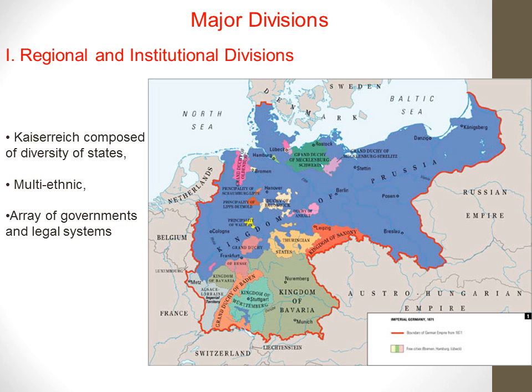Germany was divided as a country. The Kaiserreich was composed of a diversity of states. It was multi-ethnic. There were different variations of religious faith and of religious strength in the different regions. And there was an array of governments and legal systems. These various states were all represented in the Reichstag, and the Reichstag was a German parliament.